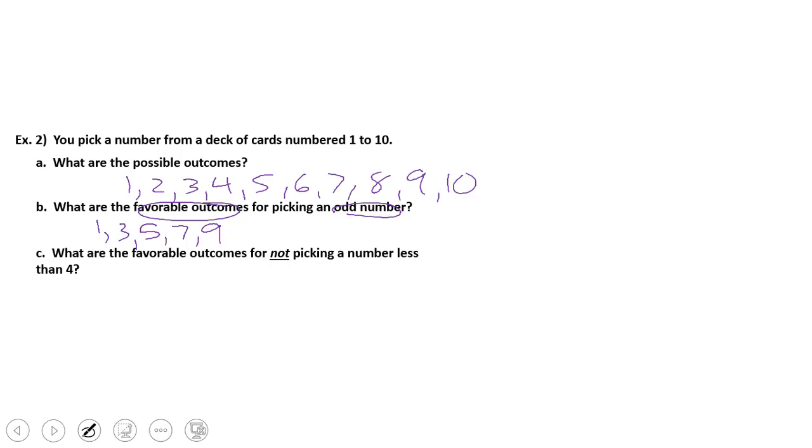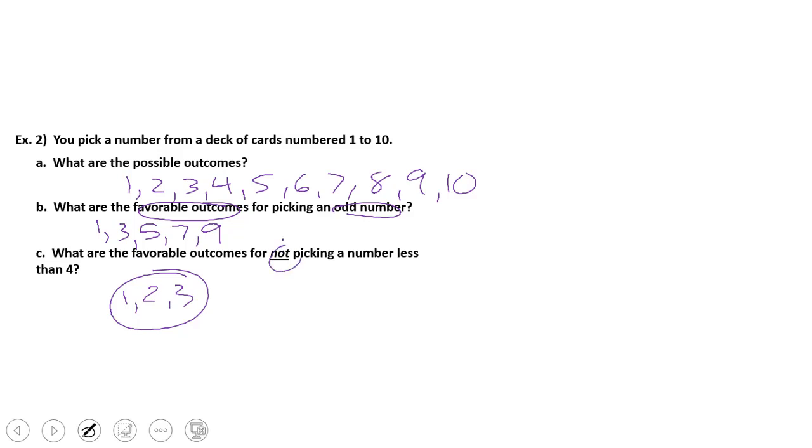And what are the favorable outcomes of not picking a number less than 4? Well, sometimes doing the complementary event, the opposite, would be to find out what is the probability of actually picking a number less than 4. So what numbers are less than 4 from 1 through 10? Well, we'd have a 1, a 2, and a 3. Those would be the event of picking a number less than 4.